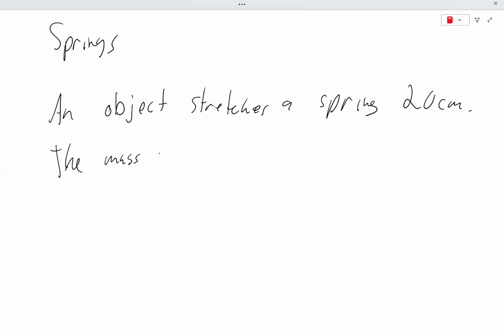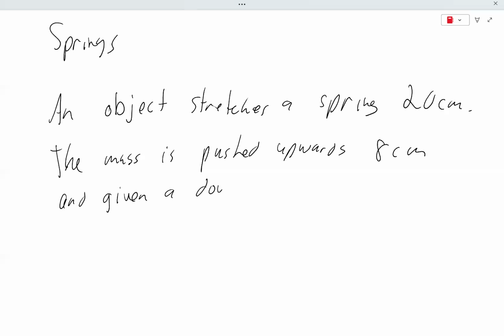The mass is pushed upwards 8 centimeters, and given a downward velocity of 2 centimeters per second, and then find y of t.